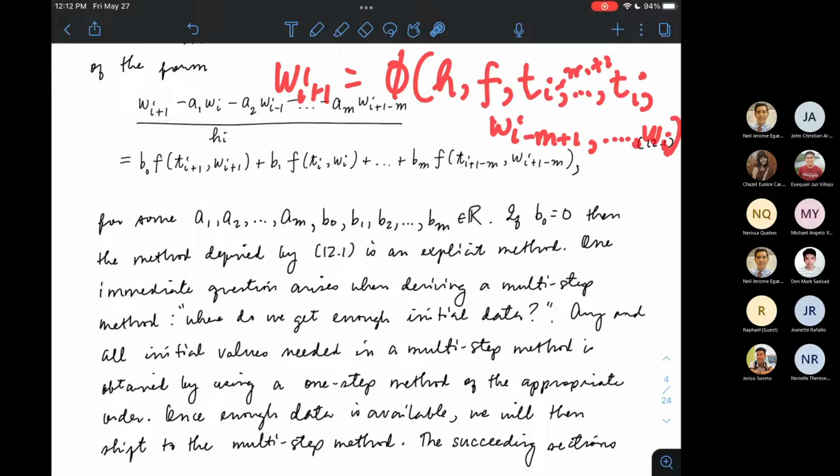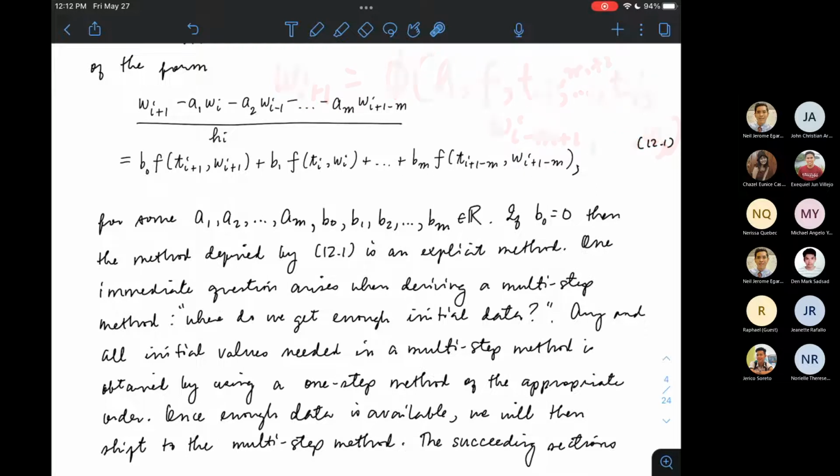So yung right-hand side ng method ay kaya nating isulat purely in terms of w sub i's and previous values sa time steps. Ano? So nag-zero si b sub 0. Pero itong Adams-Moulton, pinapayagan na non-zero si b sub 0.